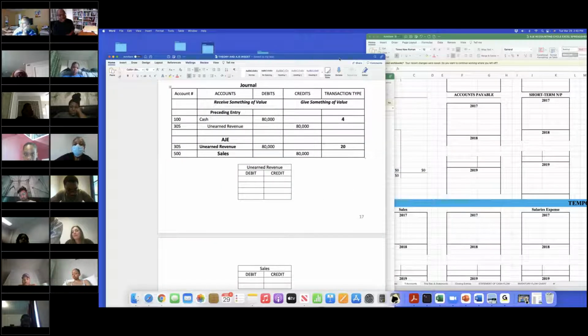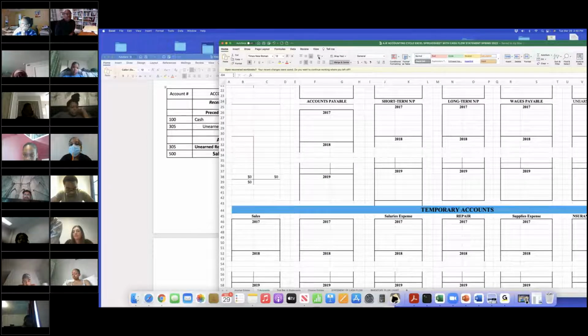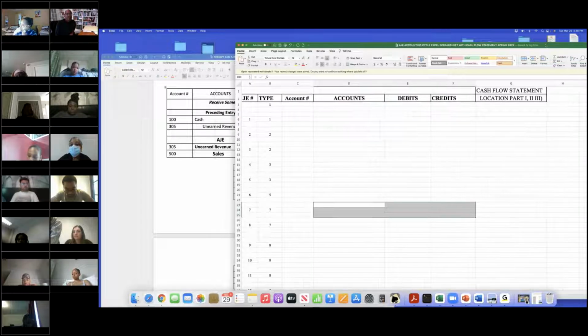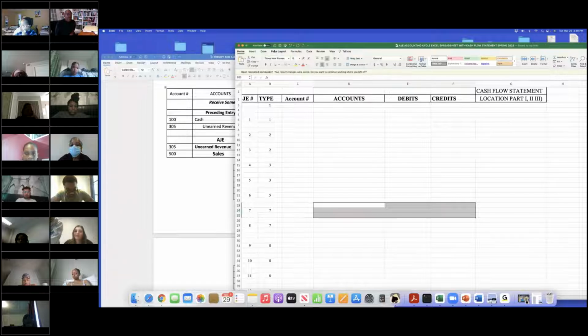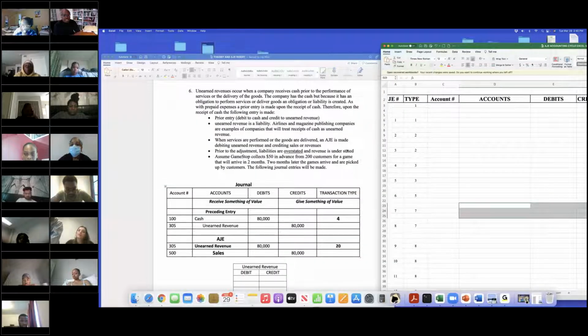Hopefully, everybody has the spreadsheet up with the journal entries. The first one that we're working with today is the example where GameStop collects $50 in advance for 200 customers.